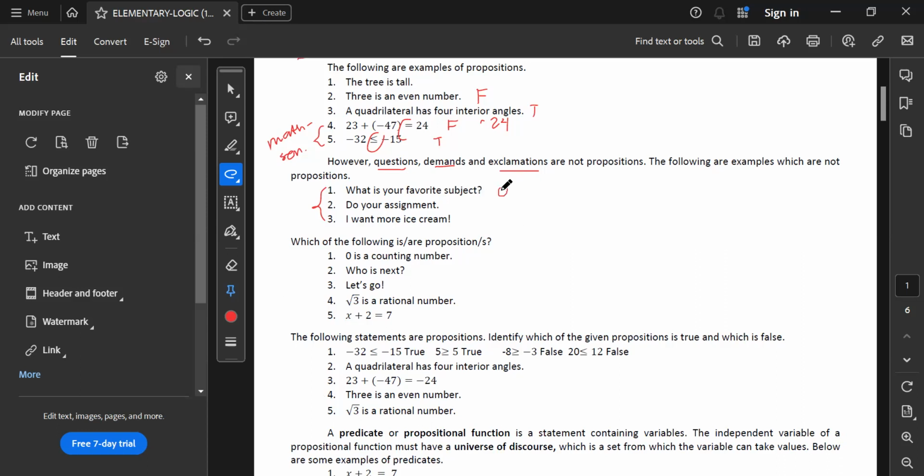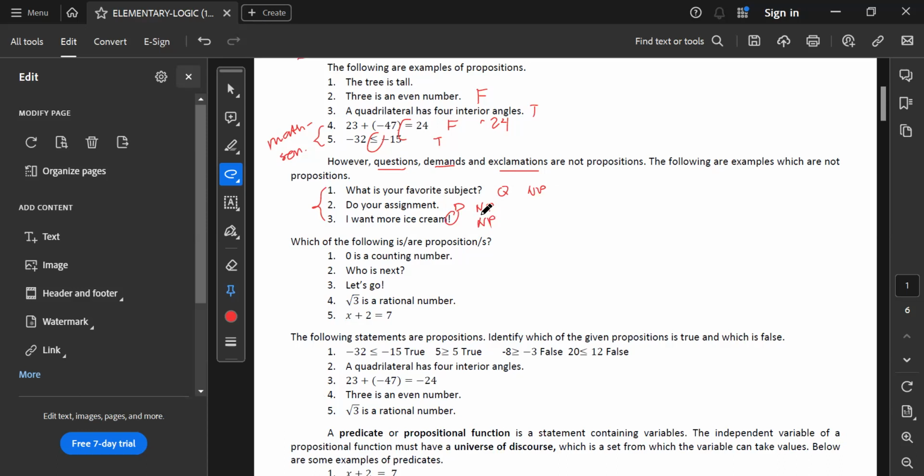This is obviously a question, so it is not a proposition. Number 2, do your assignment. This is a demand, so obviously not a proposition. And then number 3 is an exclamatory statement. So this is not a proposition.